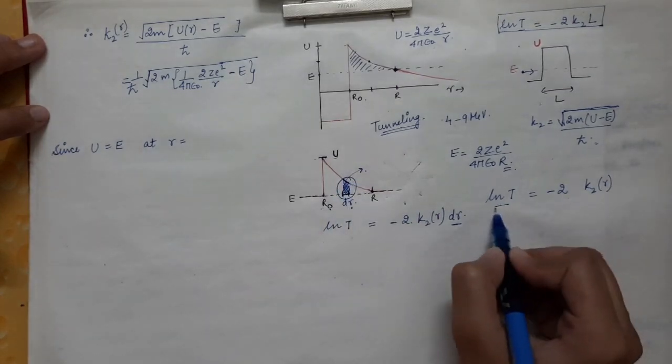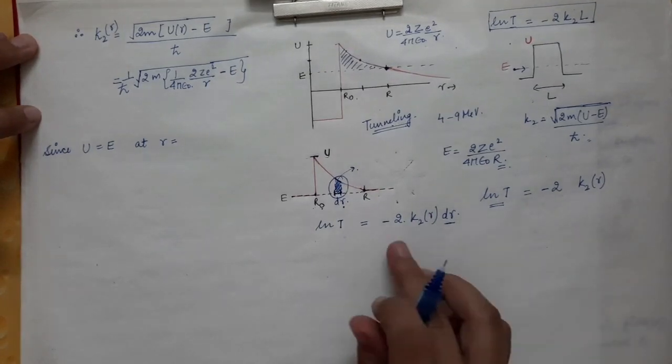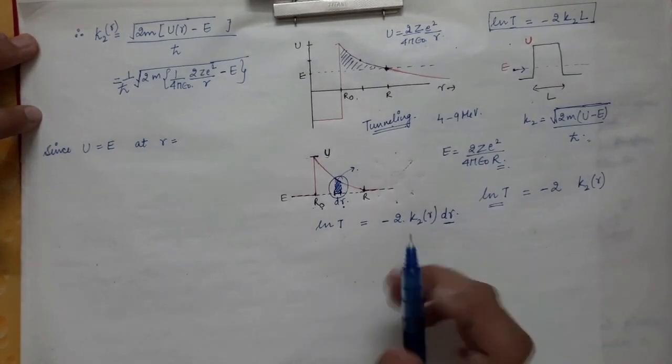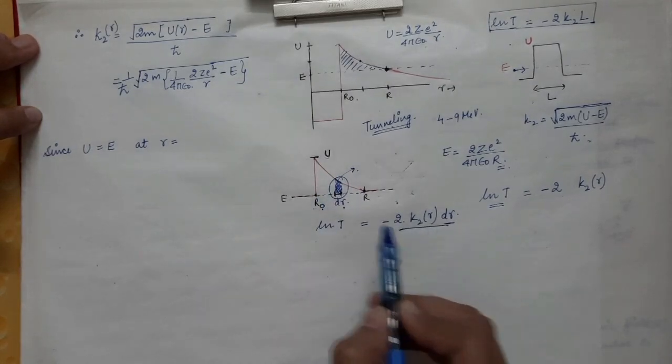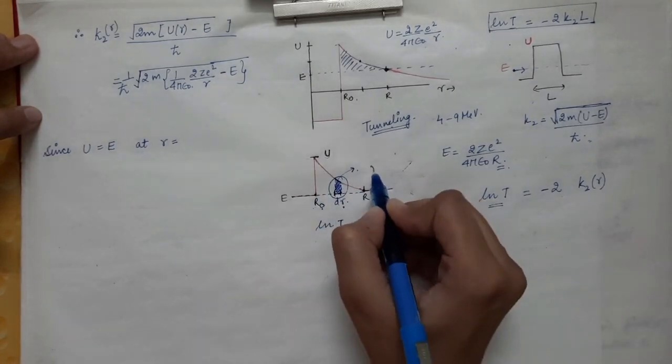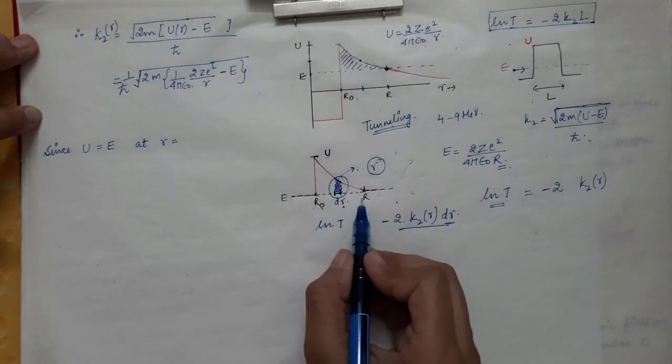So the total transmission probability will be given by integration of this term. We will do integration over the variable R, and what is the limit of R?